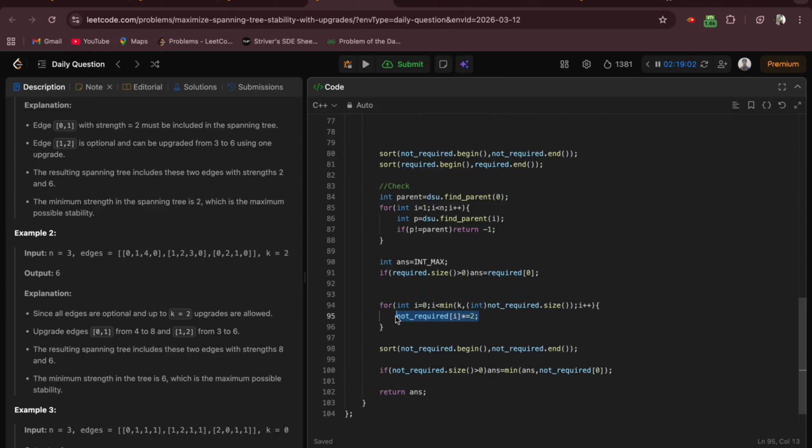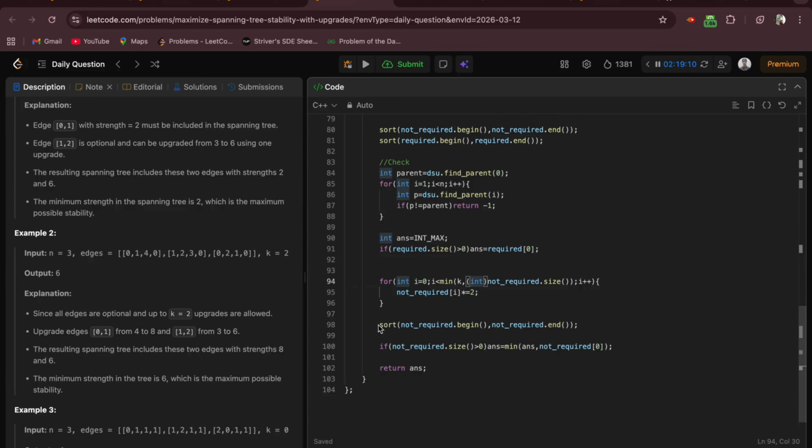Maximum we can go up to k, and that's why we are doing minimum of k and whatever the size. So max we can go is k size. Then we'll sort it, and once it's sorted, the answer will be the minimum of the answer, that is the required one front and the not required one 0, and at the end we'll return the answer.